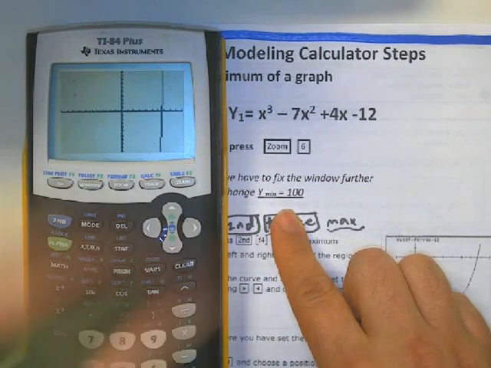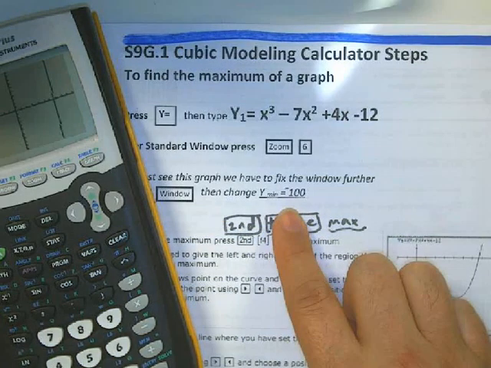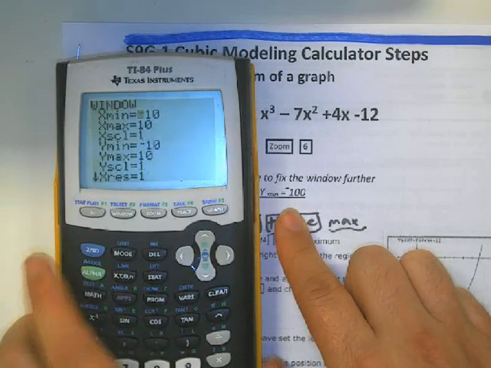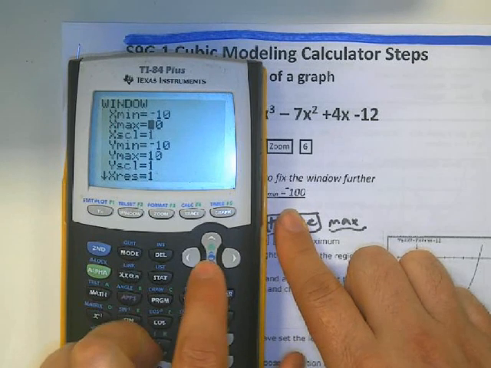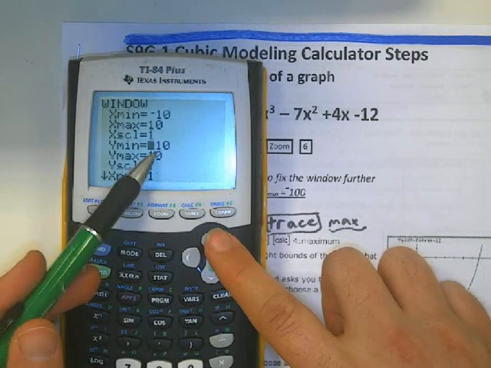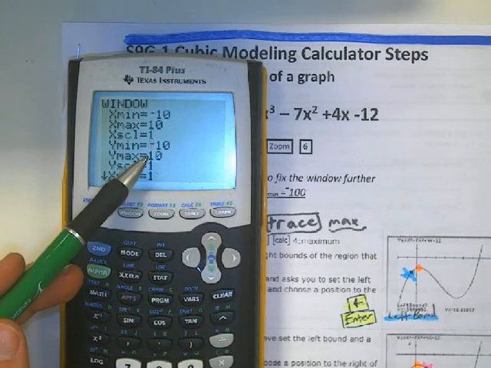I'm changing the y min, not the x max and x min, to negative 100. And now we'll see the whole graph.